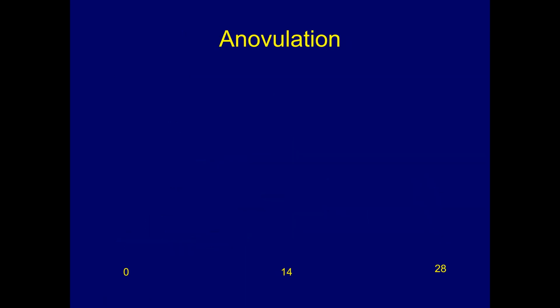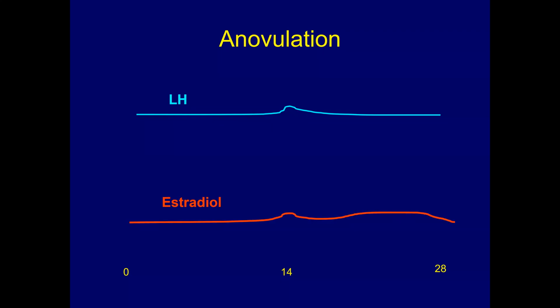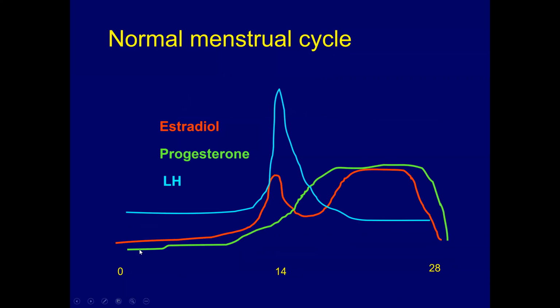Now, when you don't have ovulation, an ovulatory cycle, that LH is flat. So when you have that flat LH, your estradiol is going to be flat. You have some estradiol activity, but not in the same fashion we've been seeing there. And the progesterone is very low. So compare this: estradiol going up slowly with the days, peaking, inducing the LH surge, leading to ovulation, leading to high progesterone.